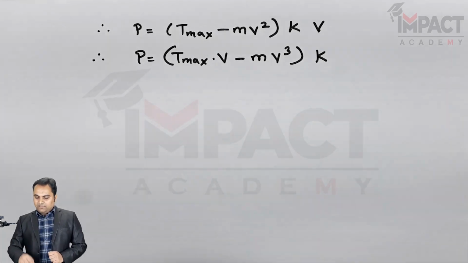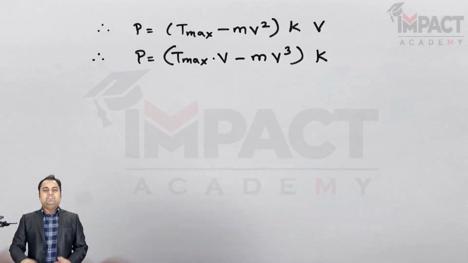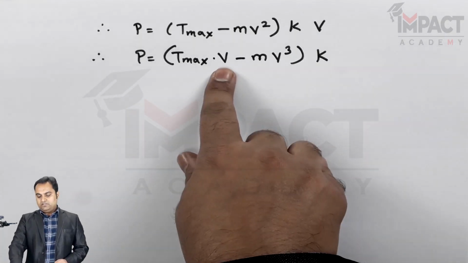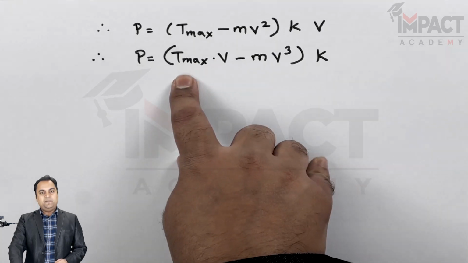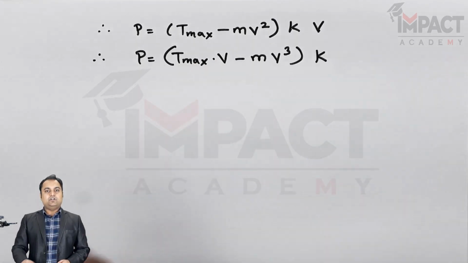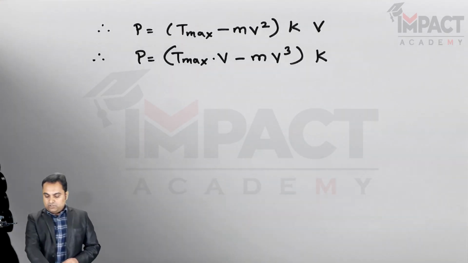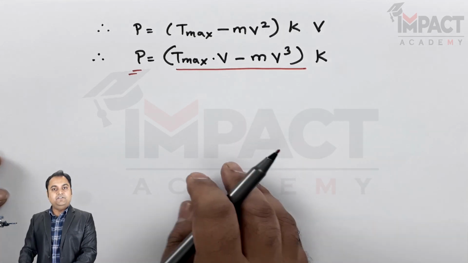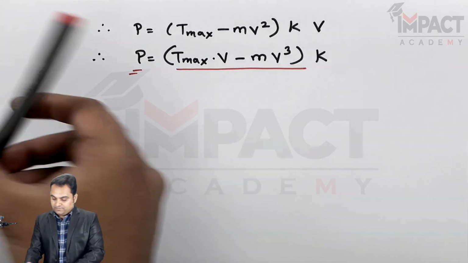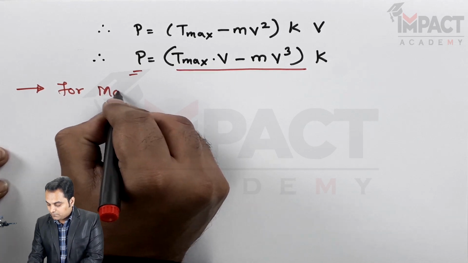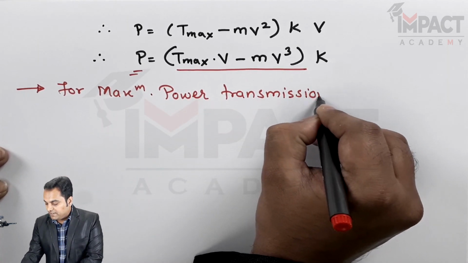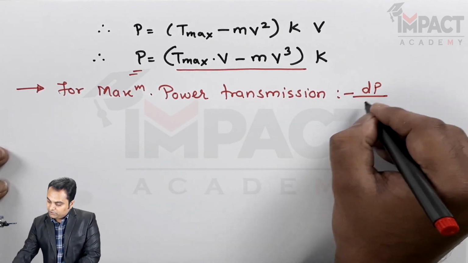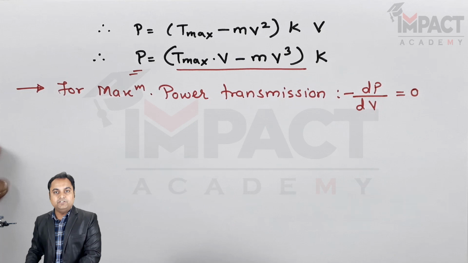For that I'll be differentiating this equation of power with respect to the variable, and when we look into this formula, the variable is the velocity, because mass, the maximum tension, and K are all constants. So power, or we can say the maximum power, will only depend upon the velocity V. So the condition will be that for maximum power transmission, we differentiate the equation of power with respect to velocity and equate it to 0.